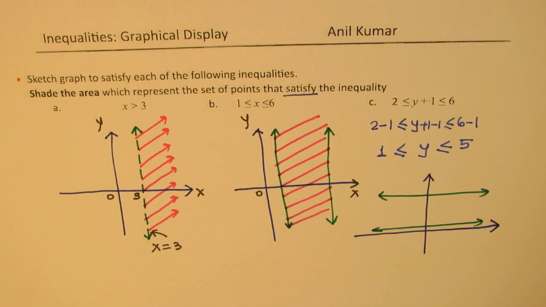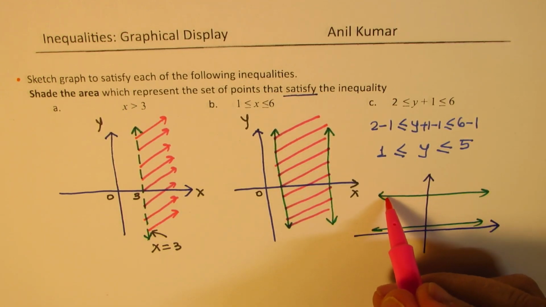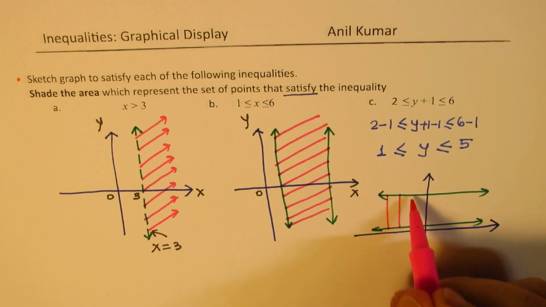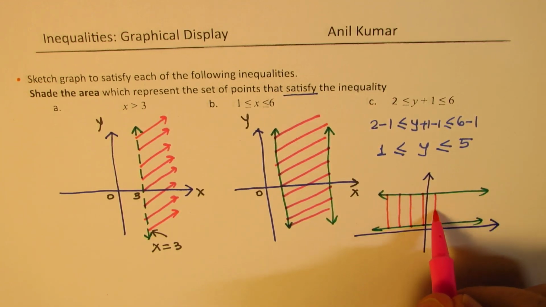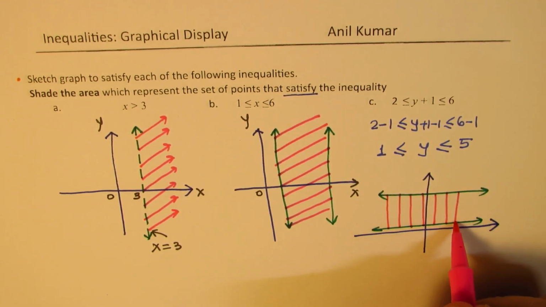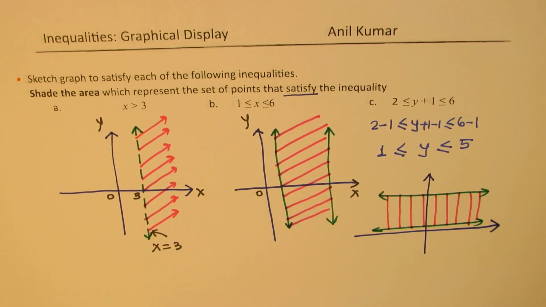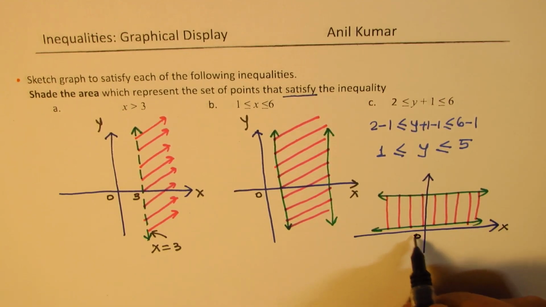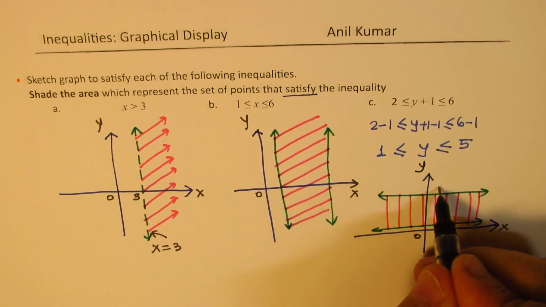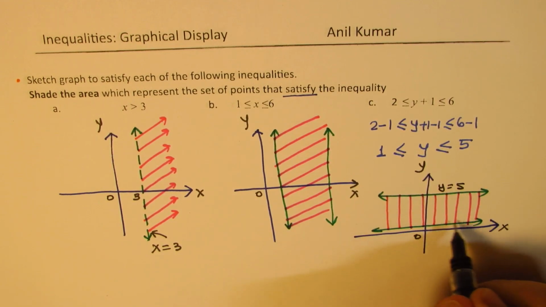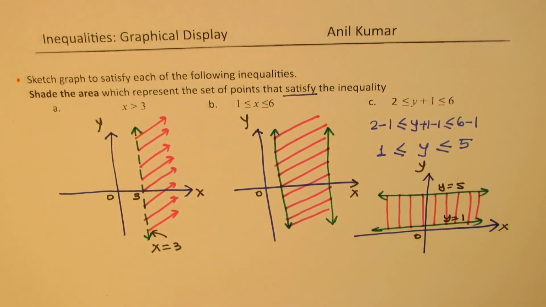Since y is in between these two, we are going to shade this portion. Solid line means that we have taken care of equal to. It is good practice to always label. So we'll write x-axis 0, y-axis, this is y equals to 5, and that is y equals to 1. Is that clear to you? So I hope it is absolutely clear.